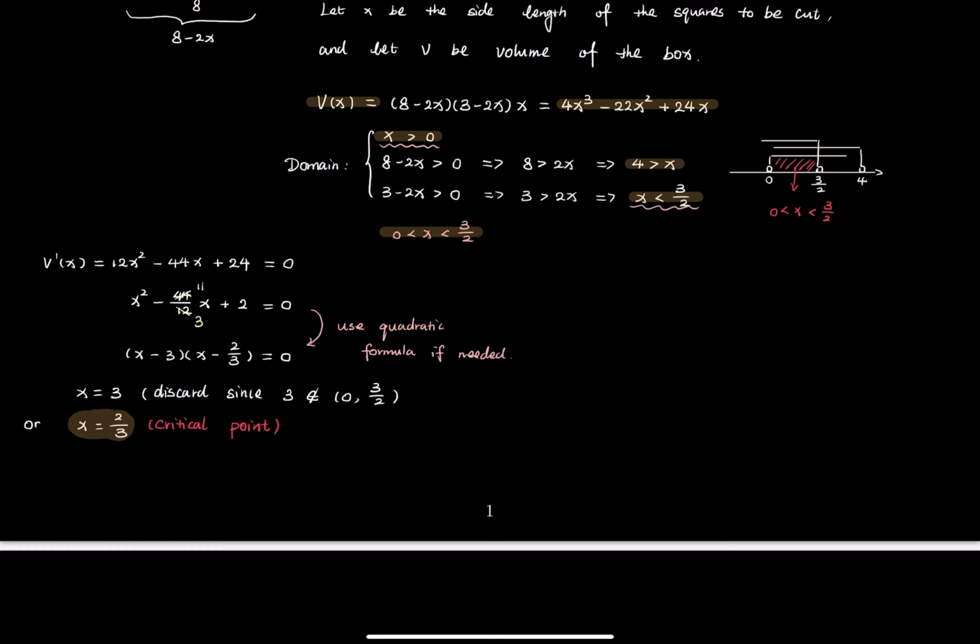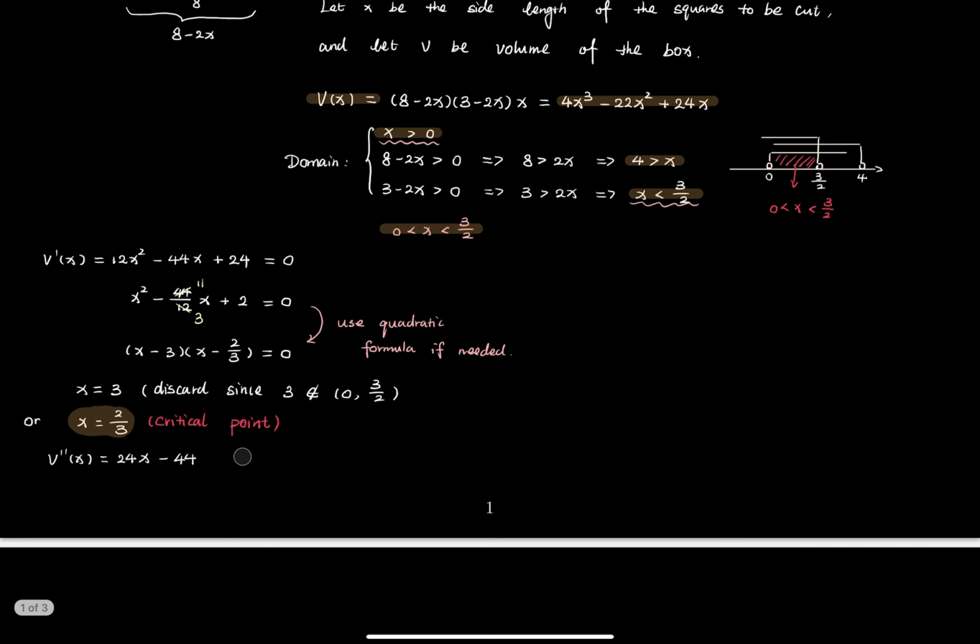That's gonna be the second derivative of v. So let's take the derivative. We have v prime of x, it's gonna be 24x minus 44. And I'm gonna plug in my critical point in this.